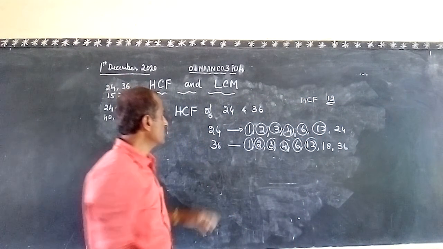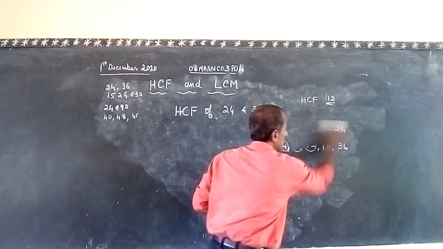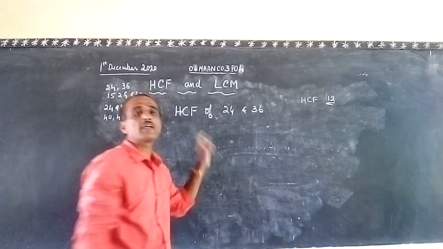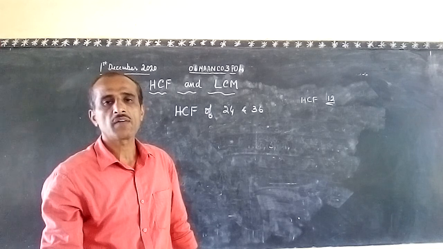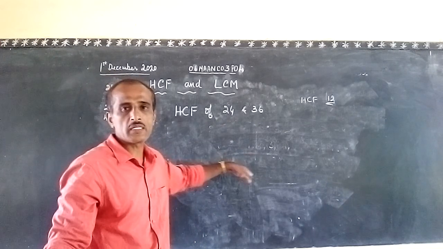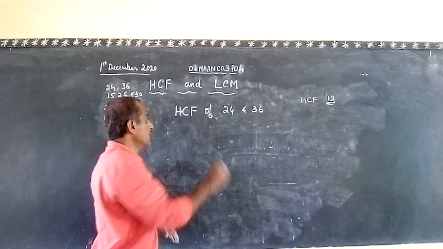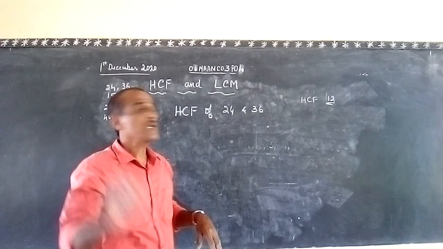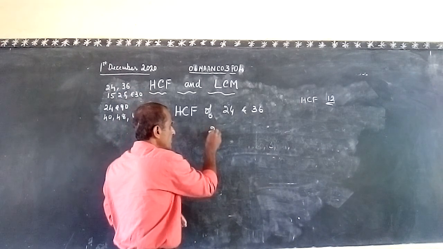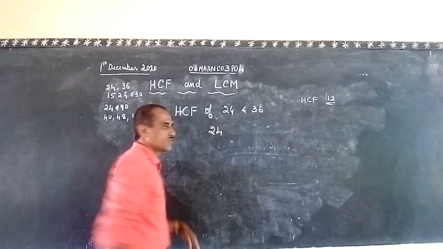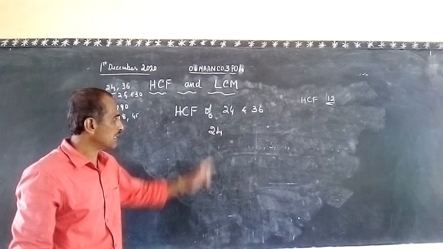But another easy method is there. By the prime factorization method, you can find the highest common factor of the given numbers. Not necessary to do like this. So what is that prime factorization method? See, 24, you can write by this also.